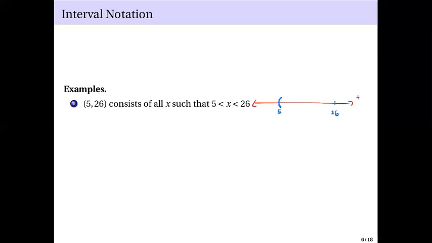And then we also have this open because we have the open interval. And then all the numbers in between will be the one we are looking for. Okay, so this is the interval 5 comma 26, excluding 5 and 26.